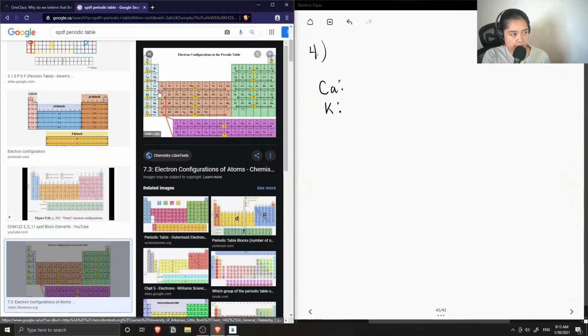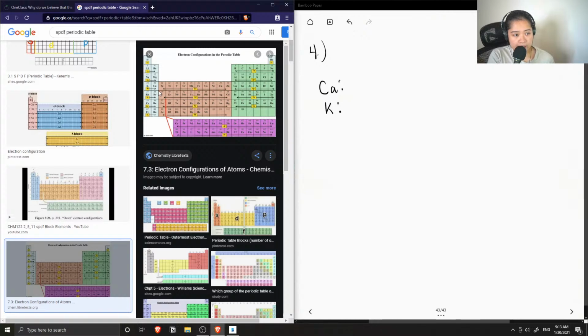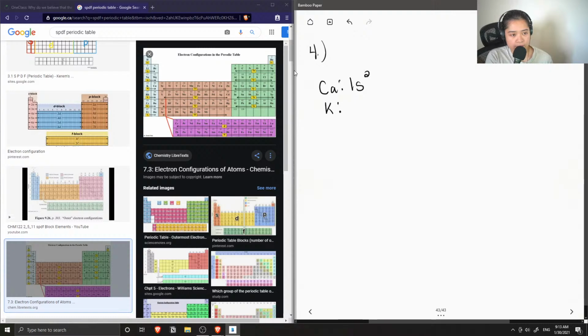If we start from hydrogen and move left to right across the periodic table, we need to write the row number followed by the block letter. And in the superscripts, we can show how many electrons are in each orbital. Starting from hydrogen, we write 1s, and there are 2 electrons in the 1s orbital, so we put a superscript of 2.